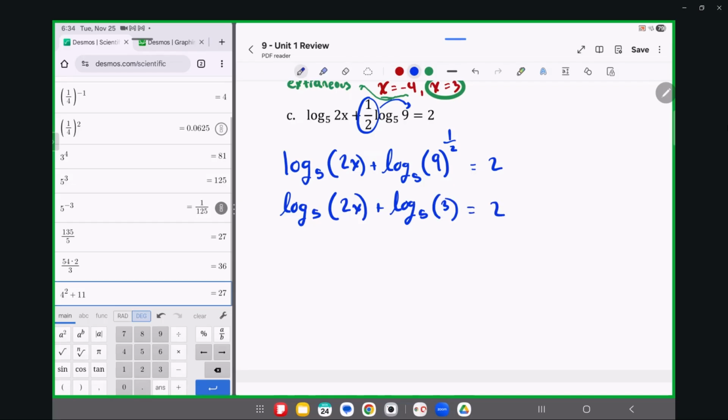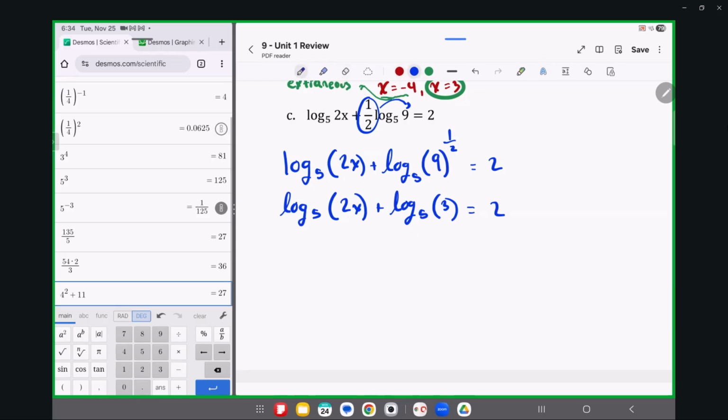Okay, now we can combine these into a single logarithm. We couldn't do that before because we wouldn't know where this 1/2 would go. If we tried to combine these right away, the 1/2 might end up outside of the entire expression, and it should not be affecting that 2x term, which is why we needed to simplify down the second exponent first.